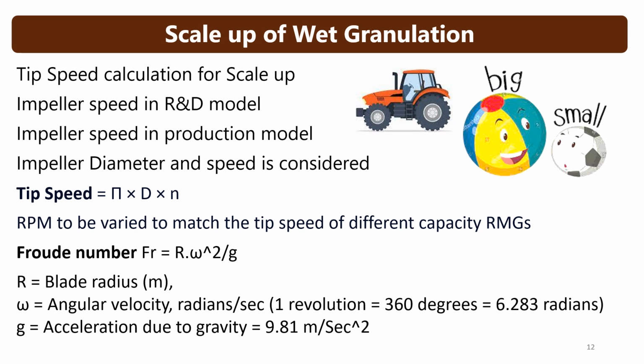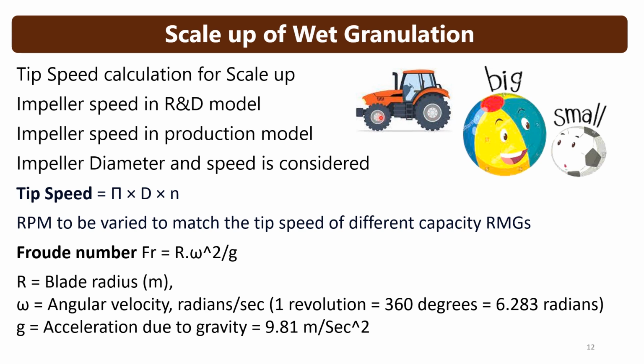Here I have shown two pictures, one of a tractor and another of two balls. One ball is bigger and one is smaller, so consider it as a smaller batch and a bigger batch. For a generalized understanding of tip speed, if you consider this bigger wheel and this smaller wheel, these two wheels travel the same distance, but there is a huge difference in the RPM of the two wheels.